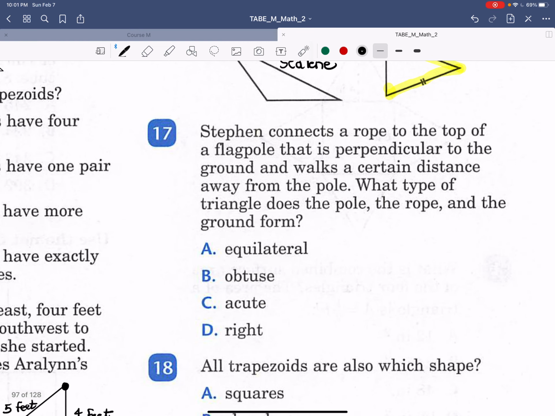Number 17. Stephen connects a rope to the top of a flagpole that is perpendicular to the ground and walks a certain distance away from the flagpole. What type of triangle does the pole, the rope, and the ground form? And here's the key word. But you know I'm going to draw this. So here's the flagpole, and Stephen puts a rope up here at the top.